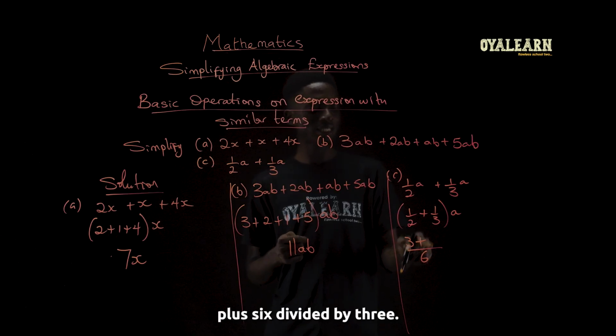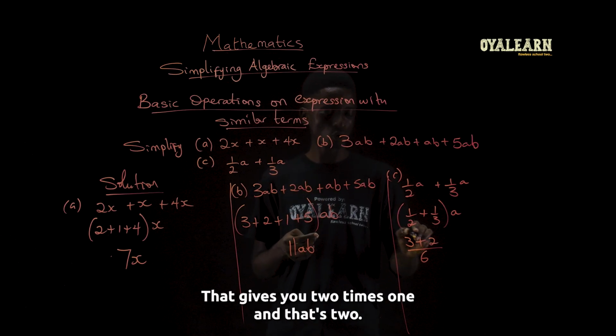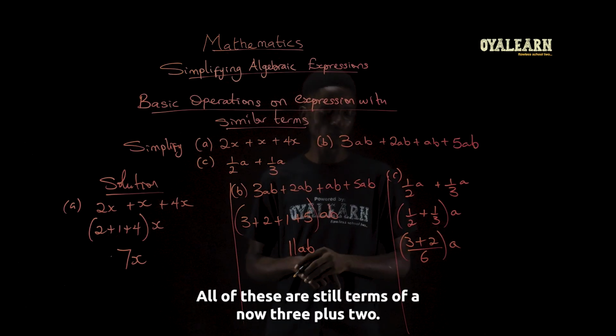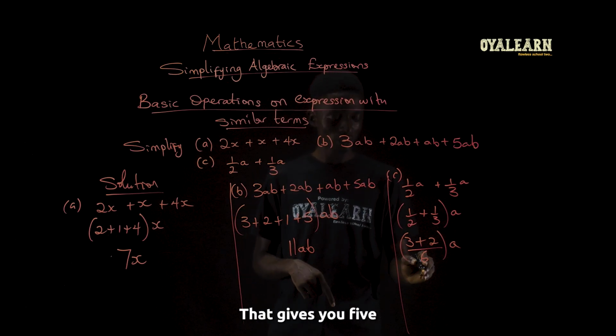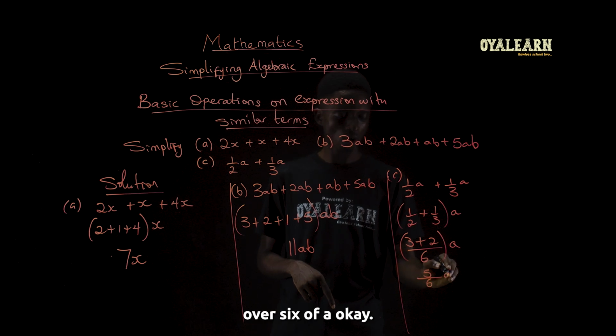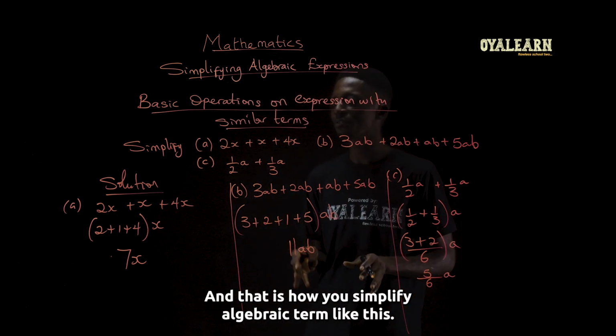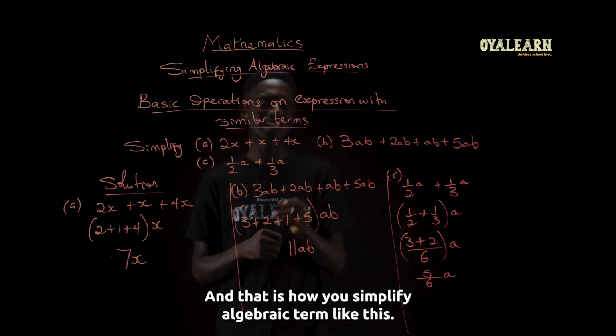Plus 6 divided by 3 gives 2, 2 times 1 is 2. All of these are still terms of a. Now 3 plus 2 gives you 5 over 6 of a. Okay? And that is how you simplify algebraic terms like this.